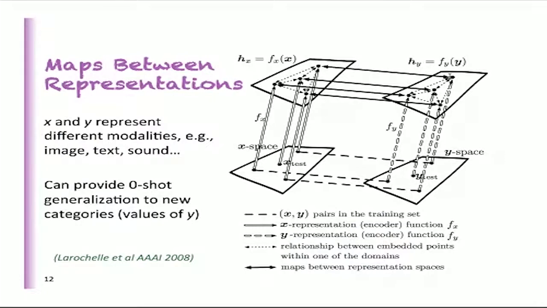And one nice thing about this is that it enables what's called zero-shot generalization. So it may actually allow us to generalize to, say, words that we have actually never seen being paired with an image. Maybe we have never seen the word puppy paired with the image of a small dog, but maybe we've seen puppy with other text that really helps us understand that this is a baby dog.